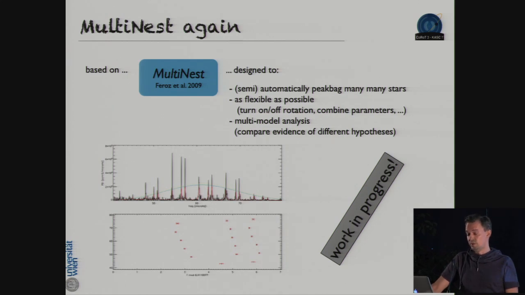It's not possible to do it fully automatically. It is designed to be as flexible as possible so that you can turn off, for example, rotation. You can combine different parameters, and it is also designed to do a multi-model analysis. So you plug in a number of different models and run them all, and finally compare the evidences of the models to see which model works best.